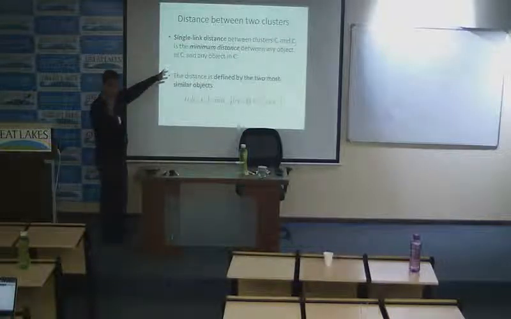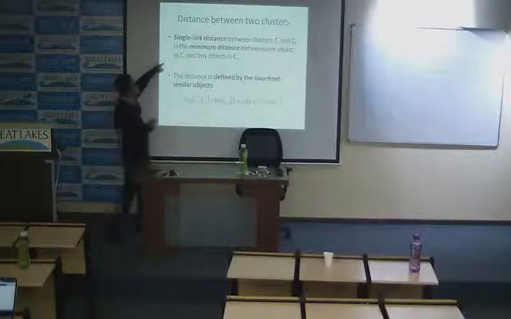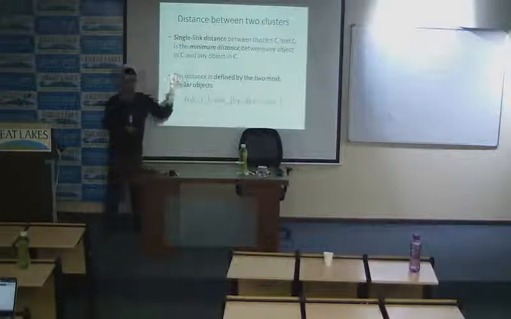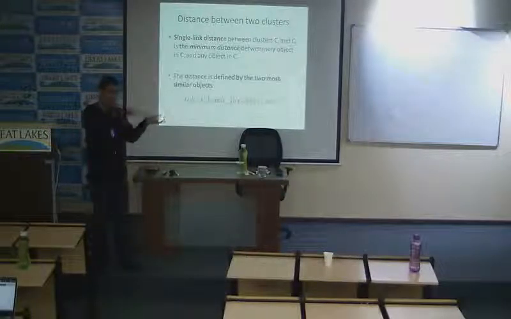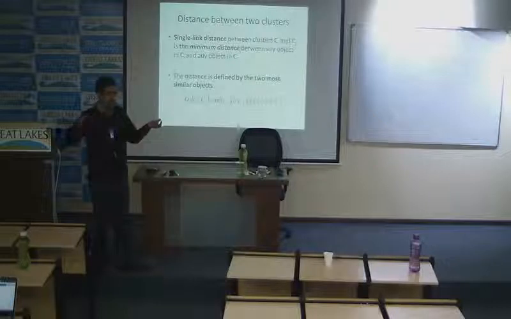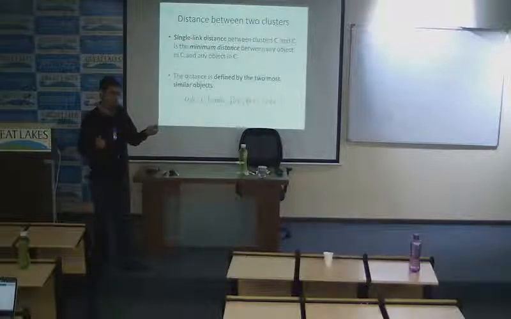The single linkage method is not trying to measure the distance between 2 points, but between 2 clusters. It is the minimum distance between any objects in Ci and Cj. Suppose at stage 1 everyone is one cluster. In stage 2, let's say cluster 1 has 3 points and cluster 2 has 2 points. What is the distance between 1 and 2?